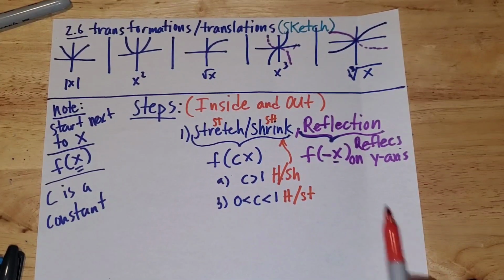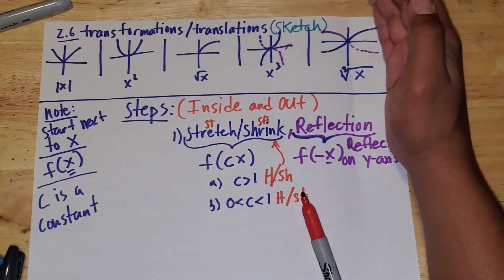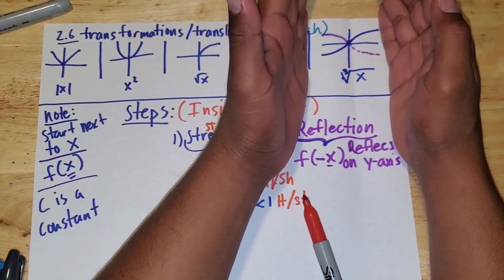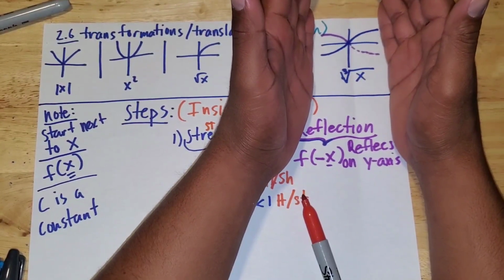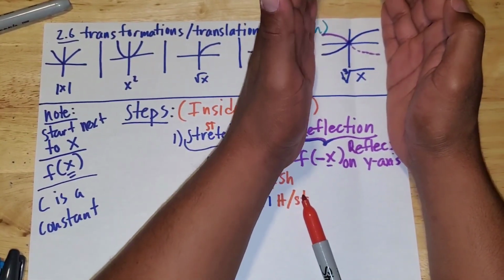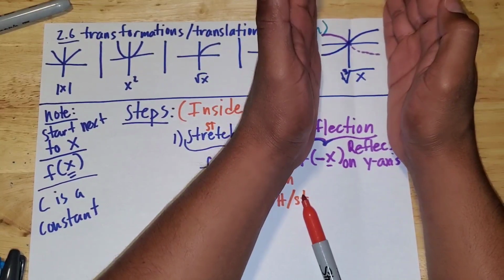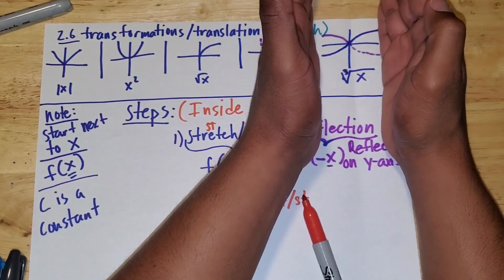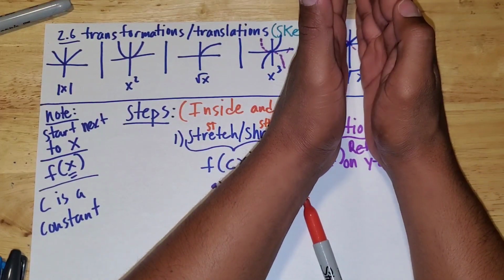So think about these graphs. Imagine if this was some type of rubber band or stick. What I mean by shrink or stretch horizontally is that you're going to compress it. So imagine you looked at this graph and you're compressing it.